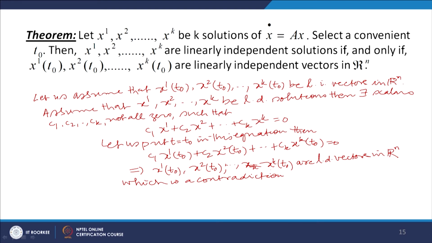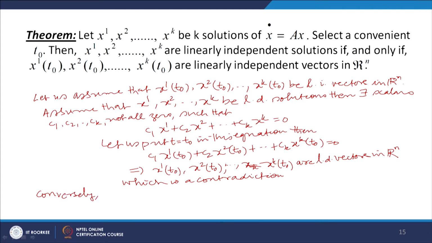And thus, it follows that if x1(t naught), x2(t naught) and so on xk(t naught) are linearly independent vectors in Rn, then the k functions x1(t), x2(t) and so on xk(t) are linearly independent solutions of the vector differential equation x dot equal to Ax.